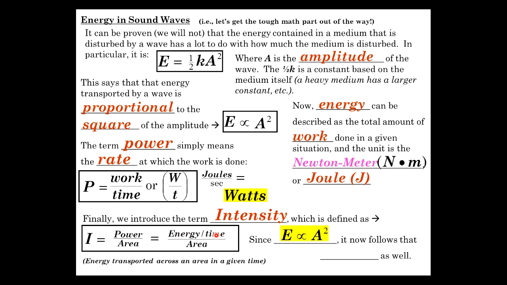Does that change anything? It doesn't change the proportionality. You divide all that by area, and that keeps the proportionality the same. So intensity likewise is proportional to amplitude squared. Did I call this area a second ago? If I did, I apologize. This is amplitude, as we know. So energy is proportional to amplitude squared, and intensity is proportional to amplitude squared.